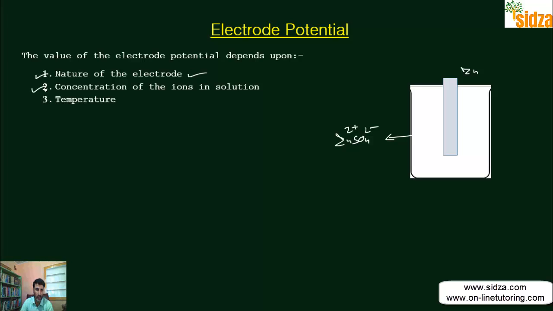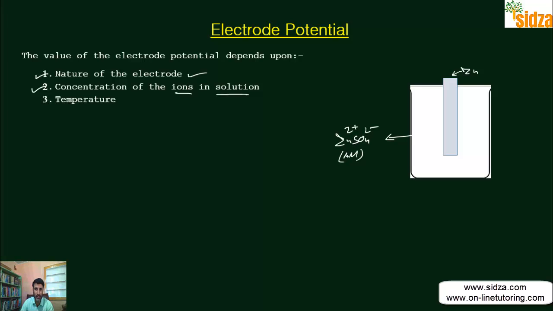The next point is the concentration of the ions in the solution. That means the concentration of the solution here. Suppose when you insert a zinc rod in the zinc sulfate solution, and the zinc sulfate is a 1 molar solution, this electrode will have some electrode potential.